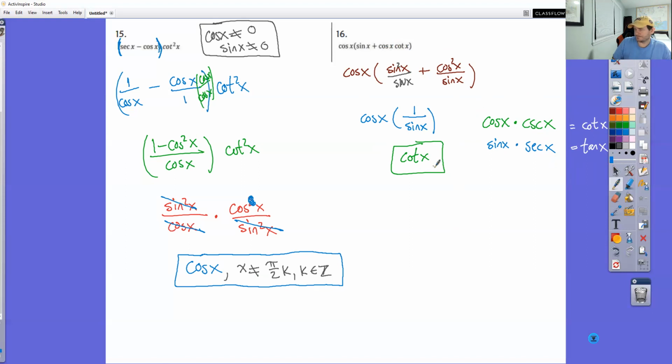Anyway, here I am. What are my restrictions? Nothing, nothing, nothing. And this guy, whose only restriction is sine shall never be 0. And cotangent, guess what? That already has those restrictions. So I, again, would say no restrictions necessary.